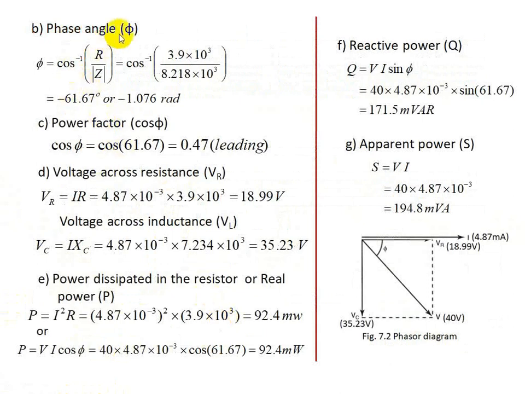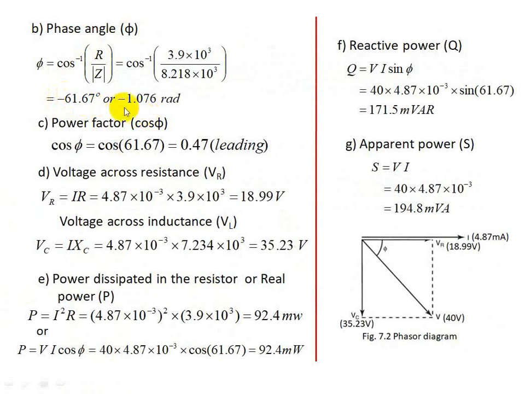To find the phase angle phi, use the formula cos inverse of R by Z, because R and Z are known. You will get the angle as minus 61.67 degrees. You find that the angle is negative. It means that the current is leading the voltage vector by an angle of 61.67 degrees.